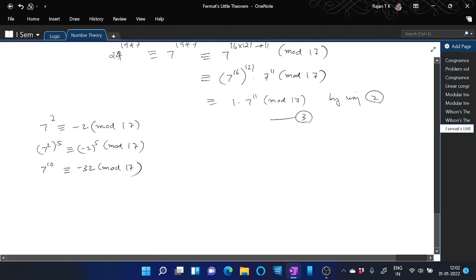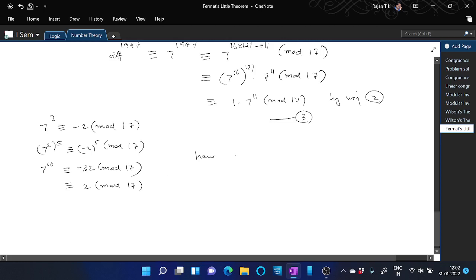And minus 32 is congruent to 2 mod 17 because minus 34 is a multiple of 17. So minus 32 is congruent to 2 mod 17.